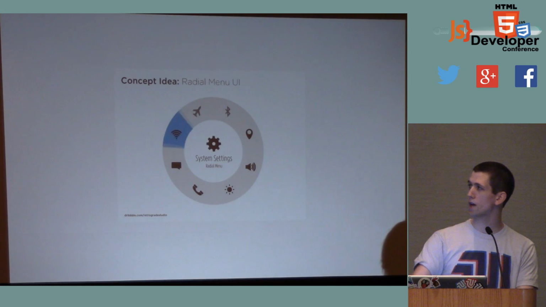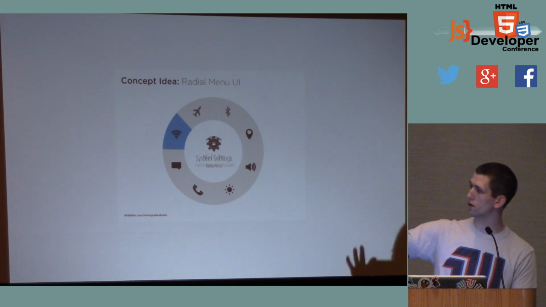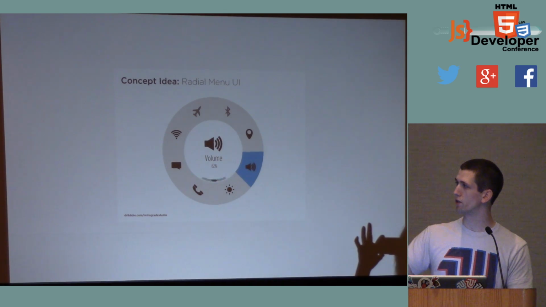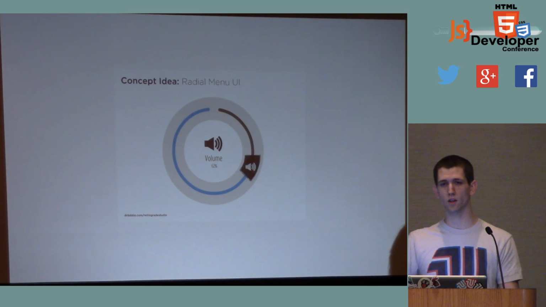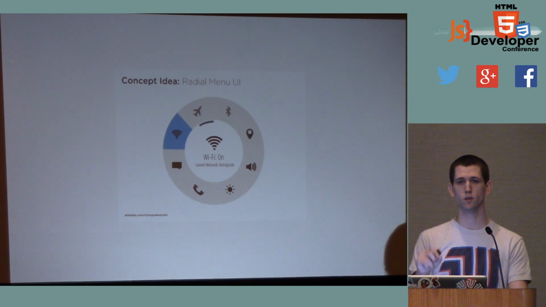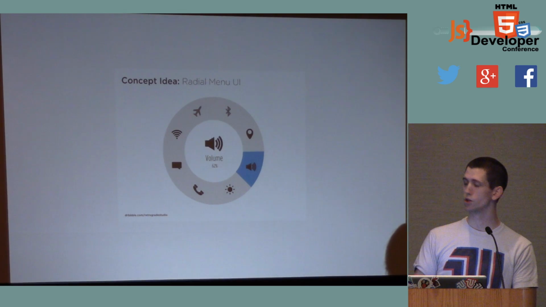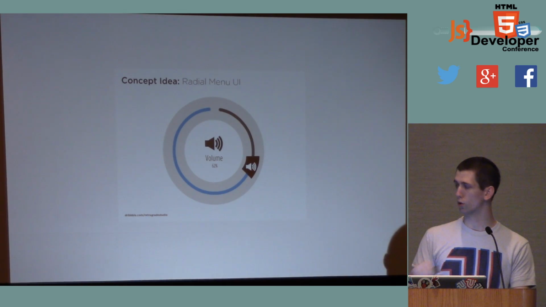And if we focus on what's happening in the center of the circle, as the user activates Wi-Fi, we get a Wi-Fi icon and a little bit of data. Then when the user activates volume, we get the volume in the center. So I'm just looking at the middle. That middle section is actually just another set of panels. So if I have 8 tabs around the circle and I activate one, I get its corresponding panel showing up in the middle of the circle.